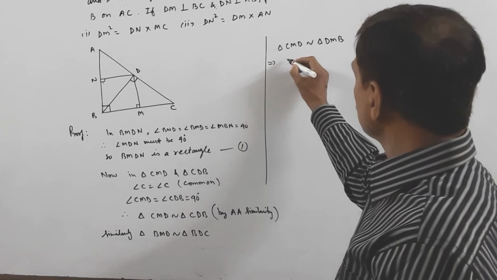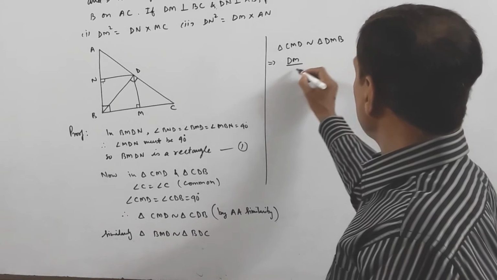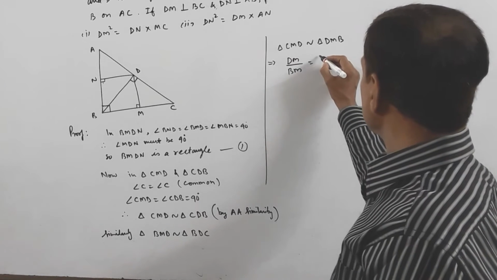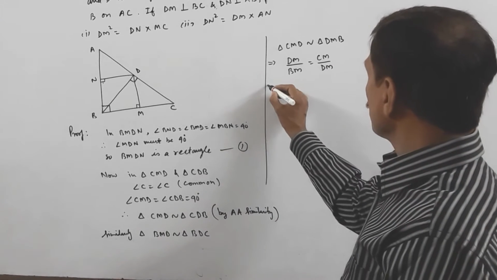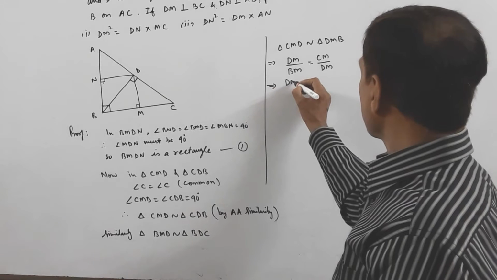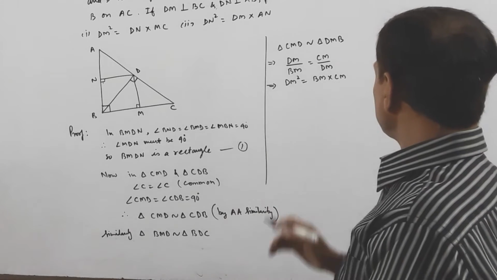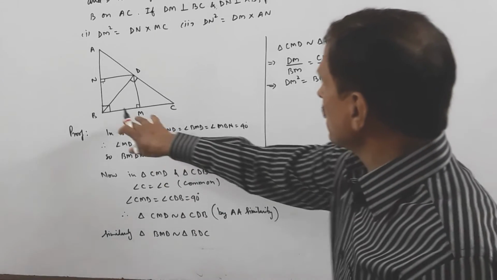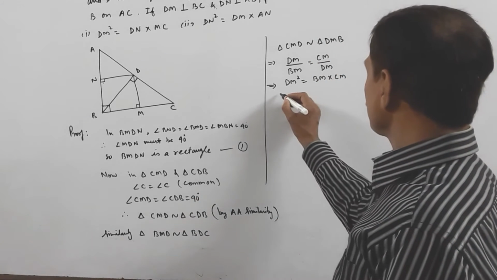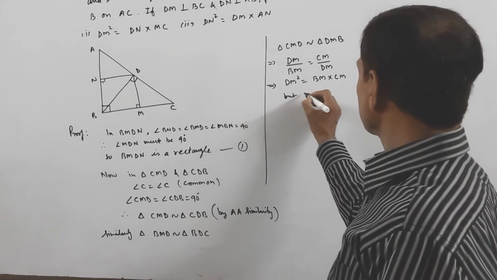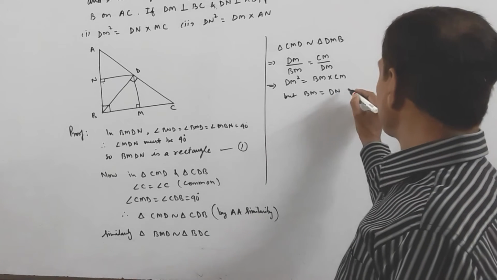It implies DM upon BM is equal to CM upon DM, which further implies DM square is equal to BM cross CM, but BM is equal to DN, opposite sides of rectangle.